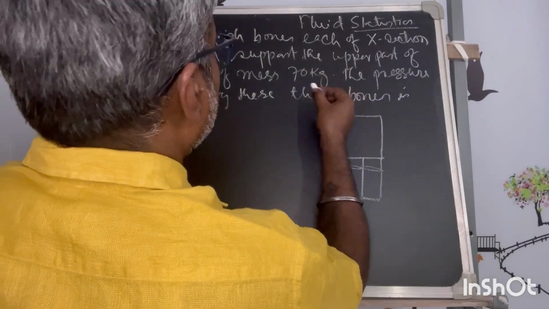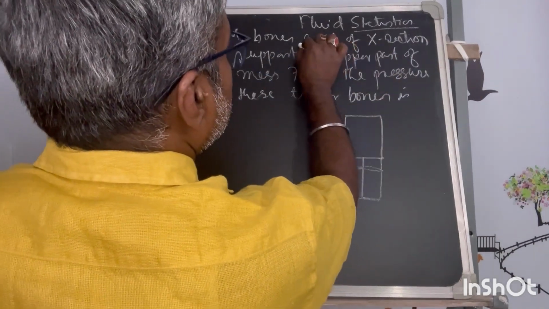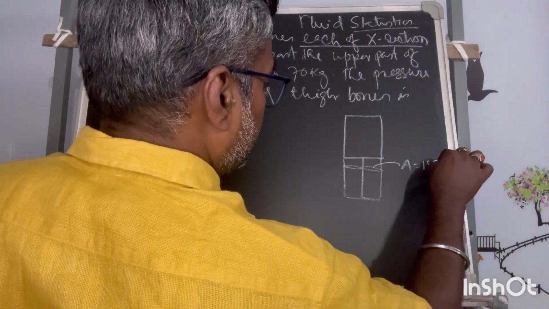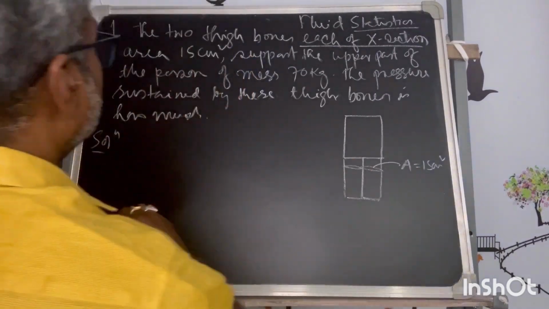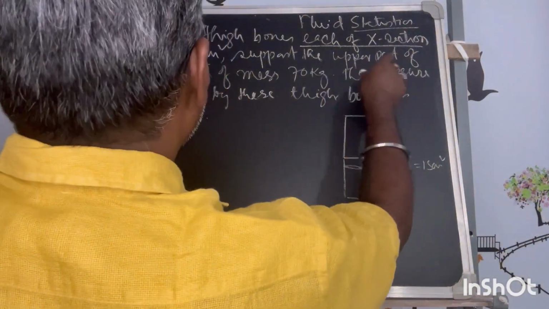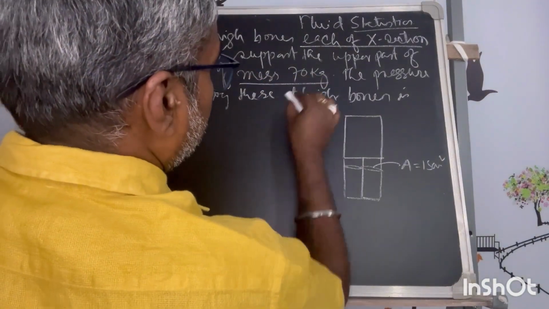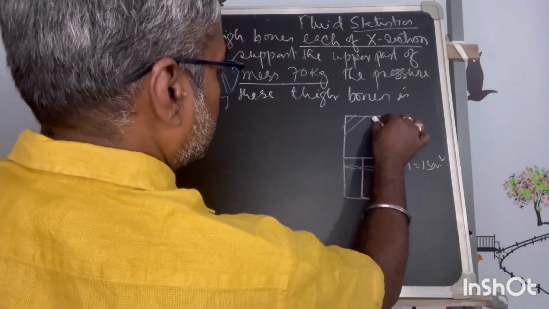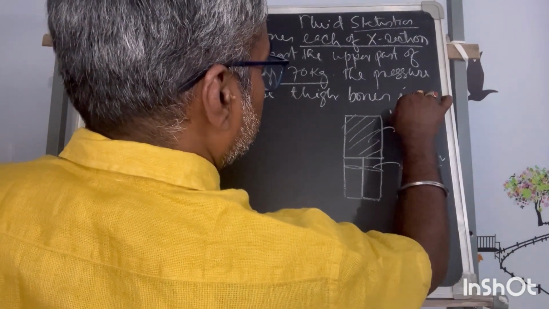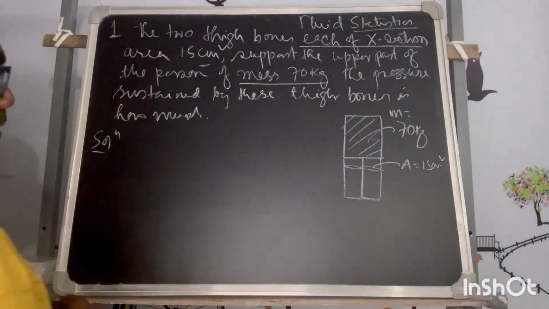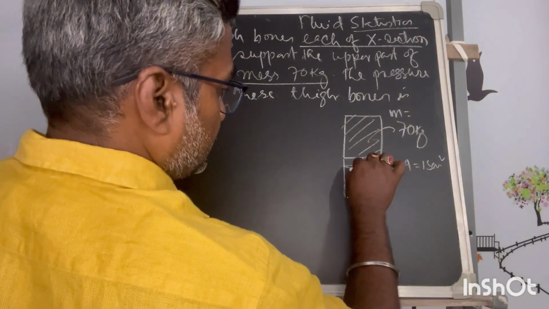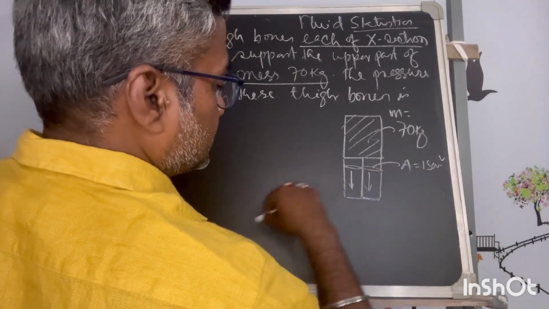Each is of area 15 centimeter square, whereas the upper part of the person is of mass 70 kg. Now how much pressure is coming onto this thigh?